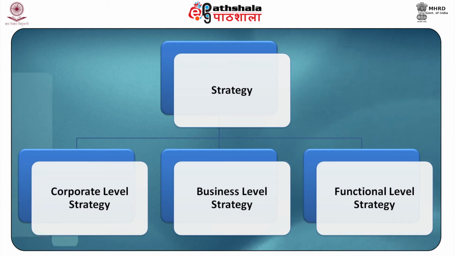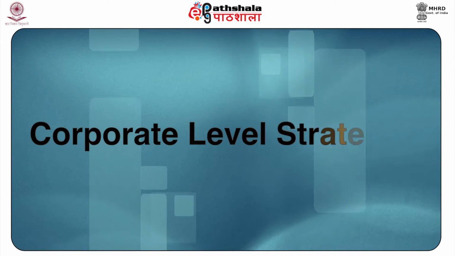There could be the corporate level strategy, the business level strategies, and the functional level strategies. Thus, there exist strategic alternatives before a firm at three levels. That means an organization has to make the choices at the three levels: corporate strategy level, business level strategy, and functional level strategy.